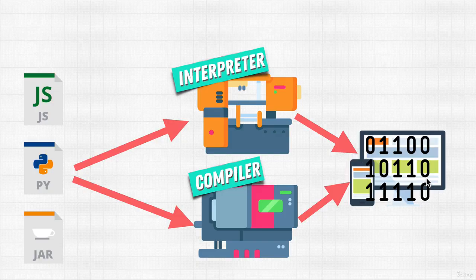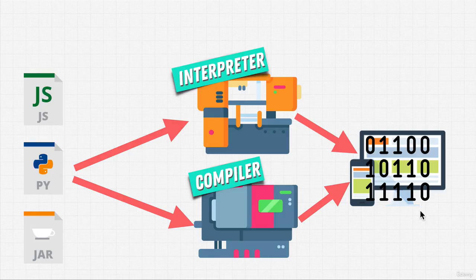But I want you to just have this general picture that when we write code, whether it's Python, JavaScript, Java, C or C++, what we're doing is we're typing it in a language that is human readable. We're giving it to one of these translators, like an interpreter or a compiler, and these spit out code that is able to run on our machines.